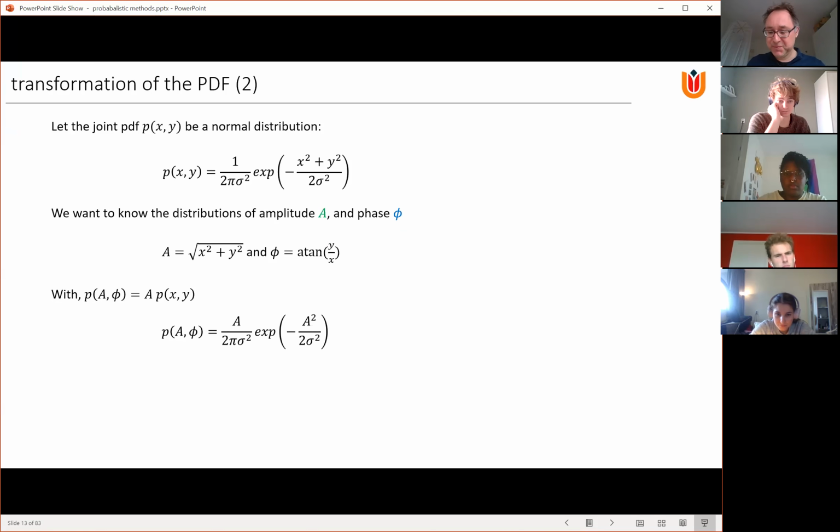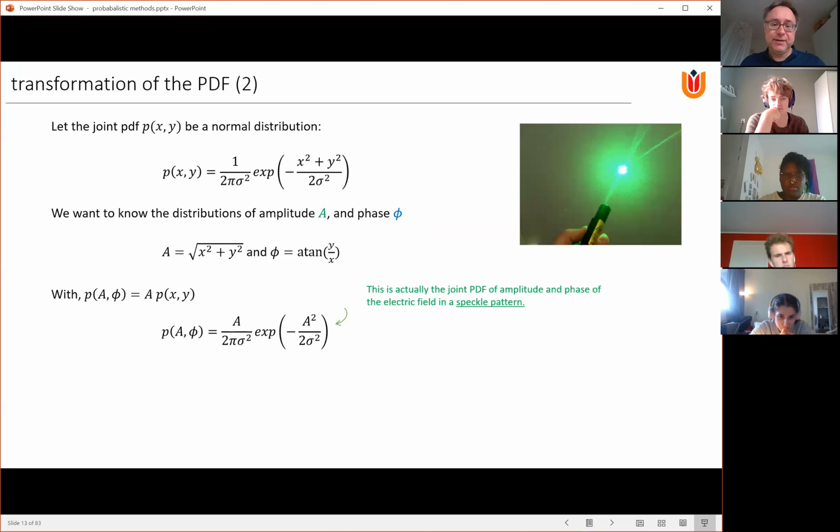As you'll notice immediately, the phase itself does not show up in this expression. That is a similar situation as what we had with the phase function. This one is interesting because this is actually the joint probability density function for amplitude and phase of a speckle pattern. Johannes talked a little bit about speckle in the OCT class, if I remember.